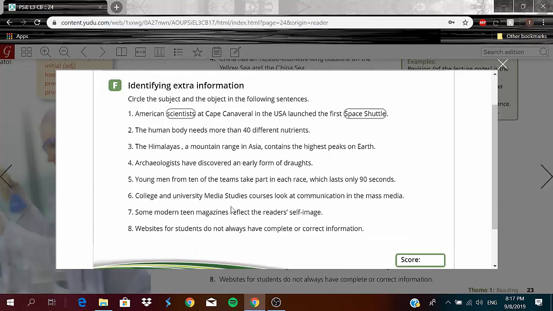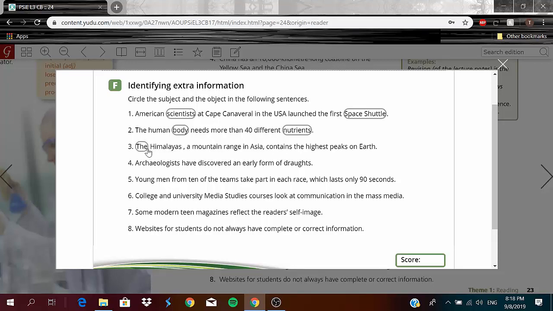Okay. 2, the human body needs more than 40 different nutrients. Human body, okay, and nutrients. Okay, so subject and object. Then we have the Himalayas, a mountain range in Asia, contains the highest peaks on Earth. We'll say the Himalayas, right?